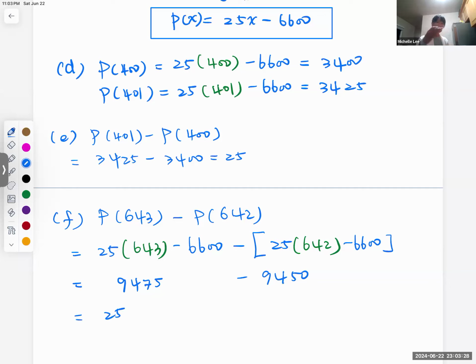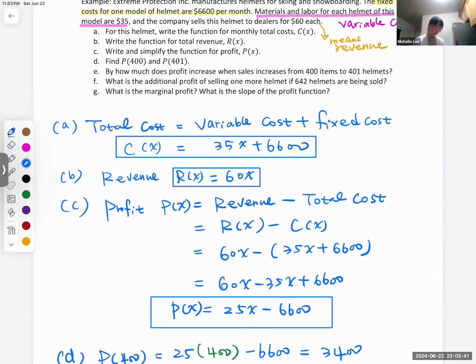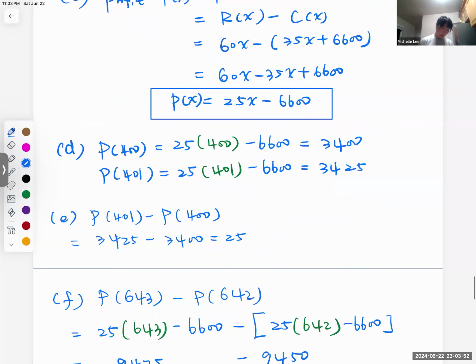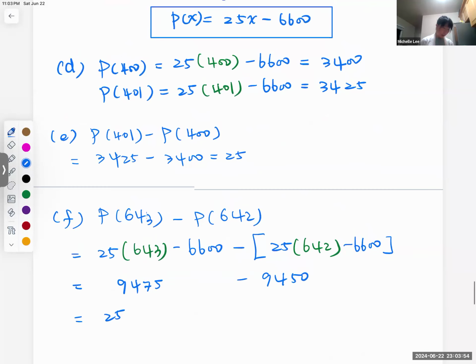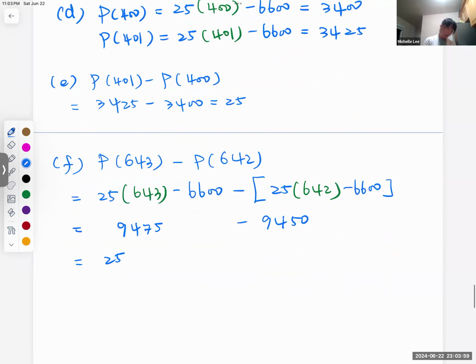Last one. What is the marginal profit? What is the slope of a profit function? So same, right? Marginal profit means the same as the slope of a profit function. So in that case, we had 25, right? Because the profit function is, let me write it down.